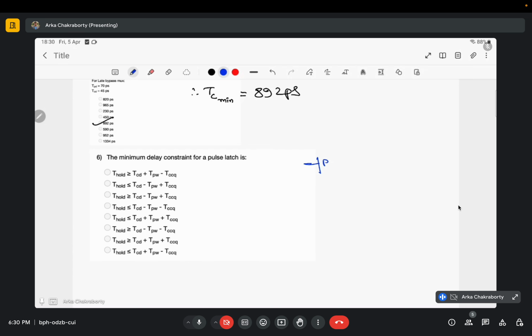There will be a pulse latch, and there will be a combinational circuit, followed by another pulse latch.